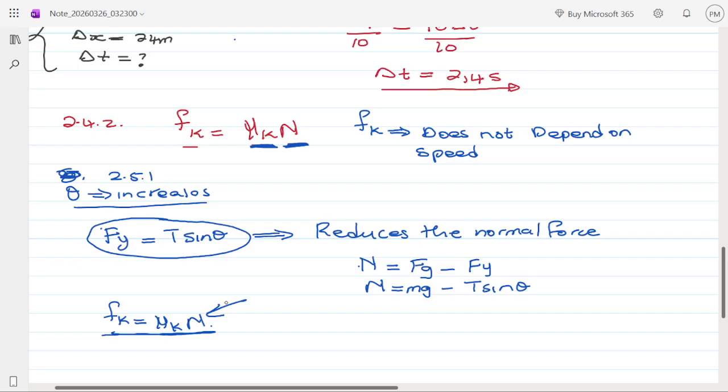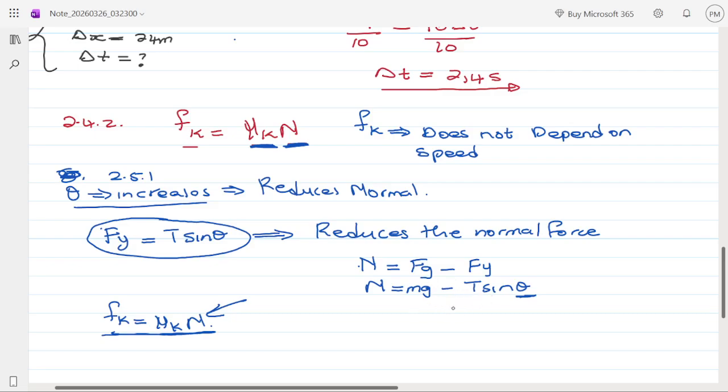Remember, if we increase the angle theta, this will reduce the normal force. So since it reduces the normal force, we're going to have a smaller normal force.